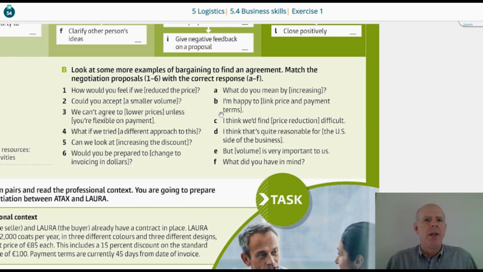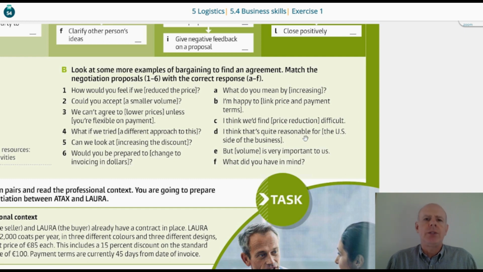Let's read them. Here, what do you mean by increasing? I think it's a bit obvious, but you were checking the other person's ideas, and possibly the other person is giving the amount of increase. Maybe. I'm happy to link price and payment terms. I think we'd find price reduction difficult.